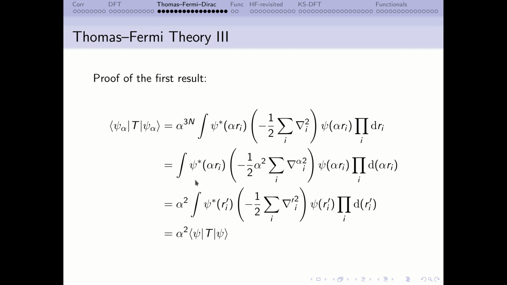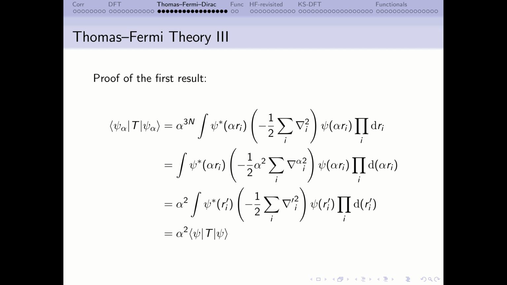Okay, now what we're going to do is make a few coordinate transformations. Take the alpha to the 3n and absorb it into the d alpha ri. Remember, each ri here is describing a position in three-dimensional space. So there's x, y, and z. So dr1, for example, can be written as dx1 times dy1 times dz1.